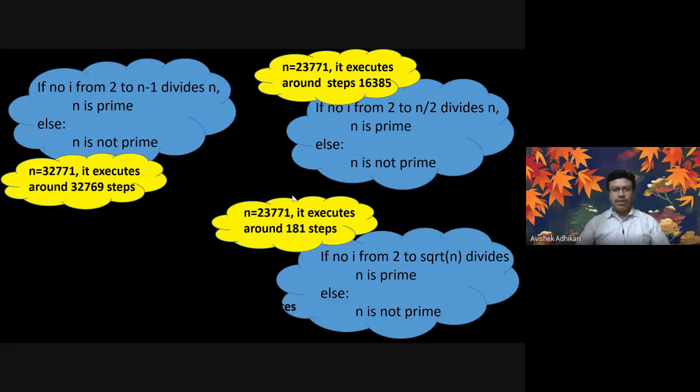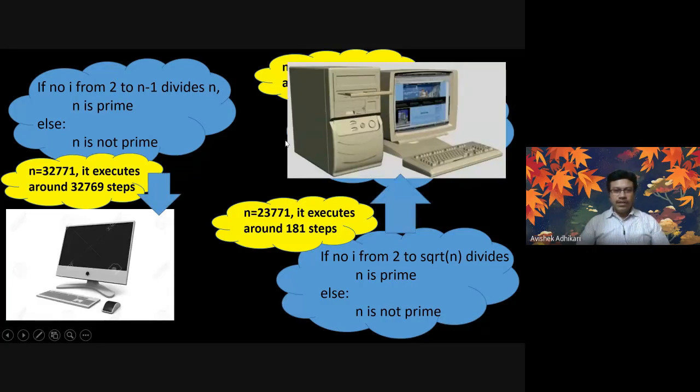Okay, let us have a look. Suppose that was the worst algorithm among these three, and that was my best algorithm among these three. Suppose I feed the best algorithm to a very old machine, which has a very bad configuration compared to today's configuration, whereas I feed this algorithm with this input to a decent modern machine.